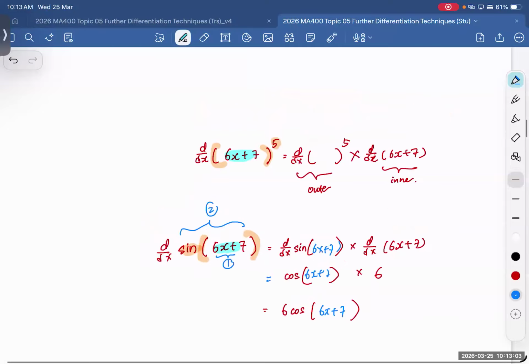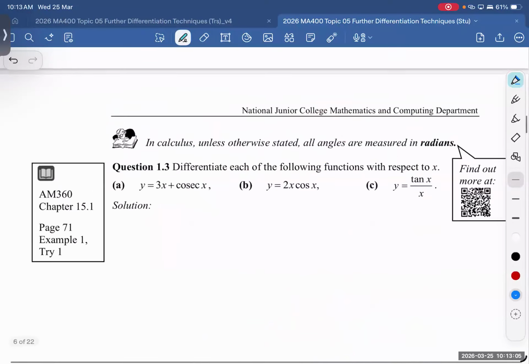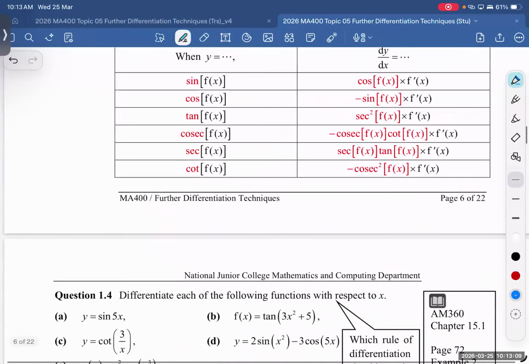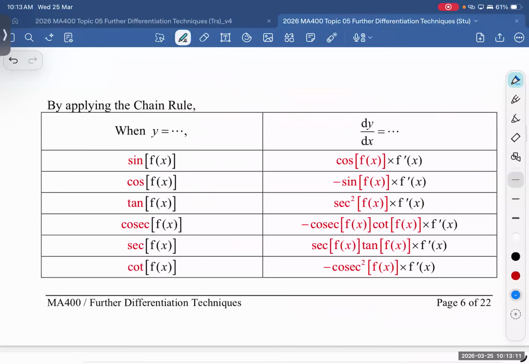Very good. Let's try question 1.4. Whatever is inside, you just differentiate to the outside. That's all. It applies for everybody, it's not just for sine.